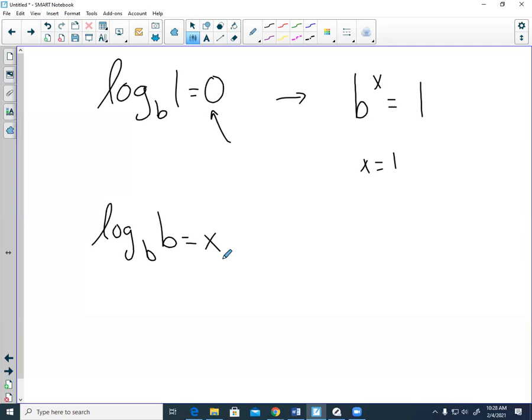Go ahead, Tanner. This one's 1. So we're going to rewrite it as our exponent. I have b to the x power equals b. Obviously if I put x to anything other than 1, it would not be b on the right side. In order for b to equal b, it has to be b to the first power. So this answer is 1.